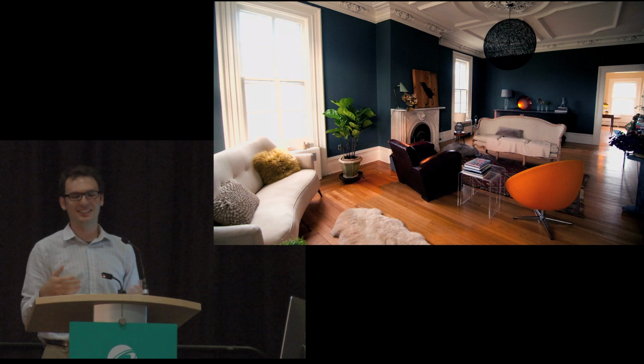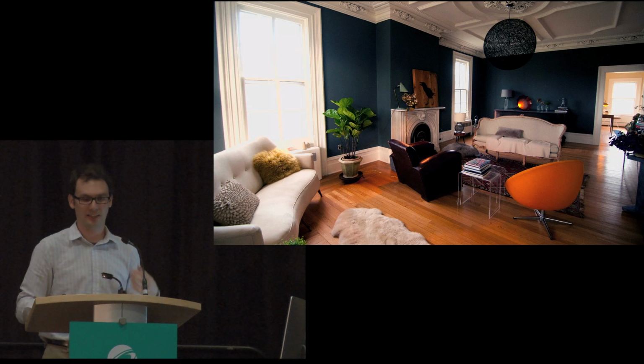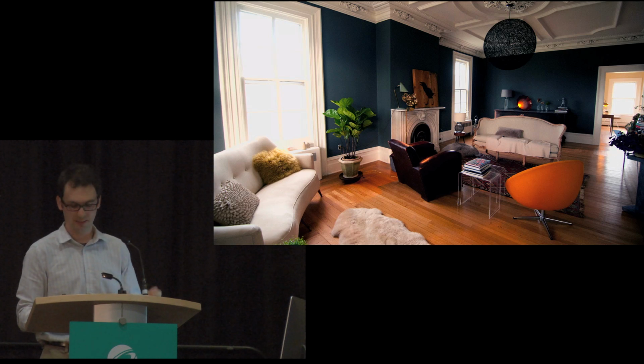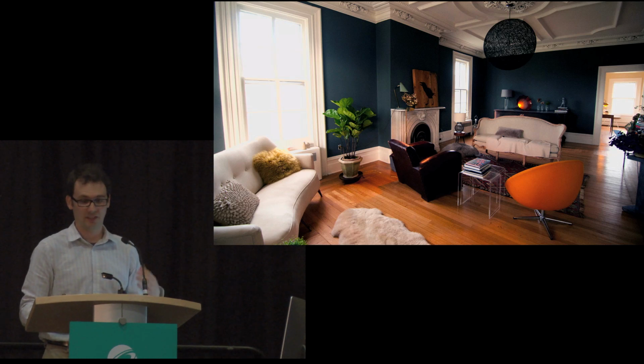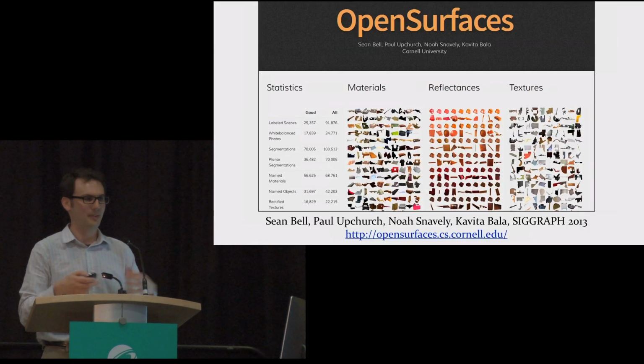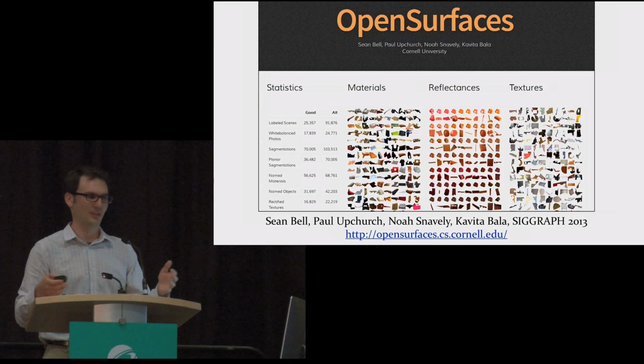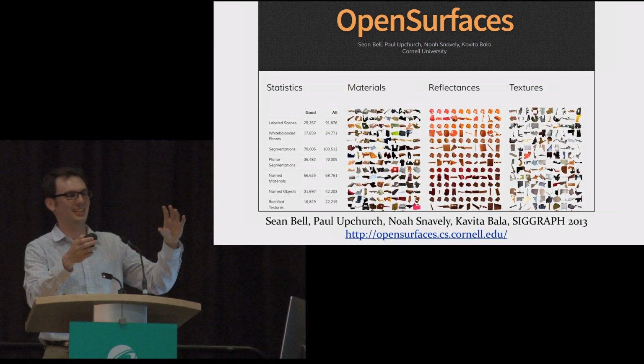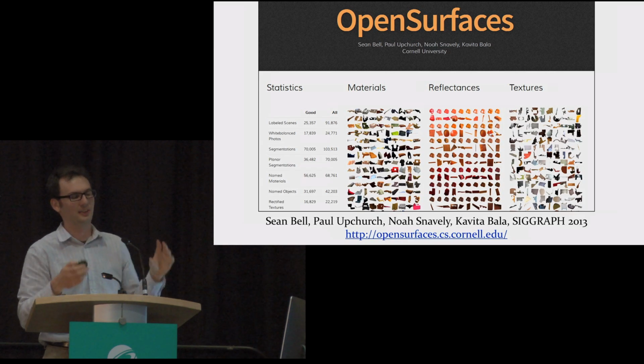So what we do instead is we use another means to extract structure from large photo collections. This is work with Kavita Bala and Sean Bell and other students at Cornell, where we used crowdsourcing to annotate these images. People on Mechanical Turk were asked to label and annotate material regions in photos like the one I just showed you.